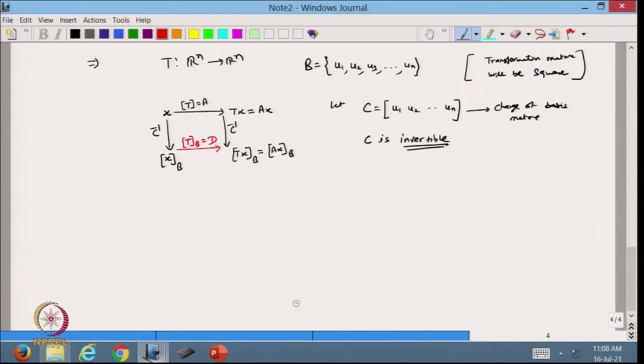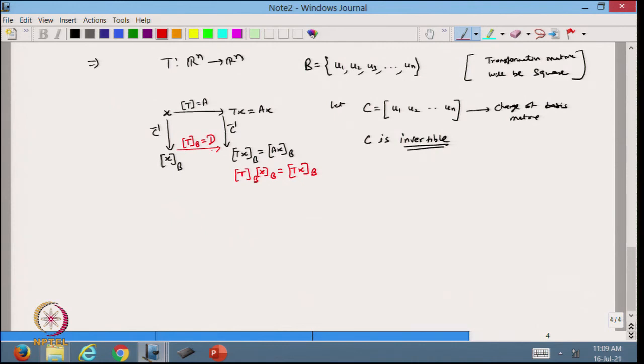Because there also I am writing by C, but here I am writing with this matrix C, so let us write it D. So, now from here I can write that T, I am applying on B, that is equal to T x B, this one.